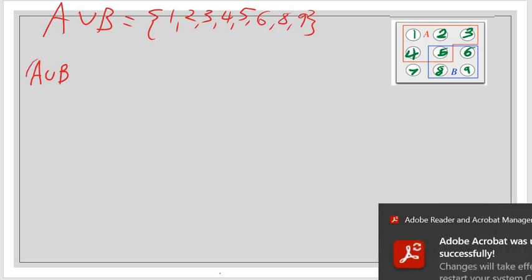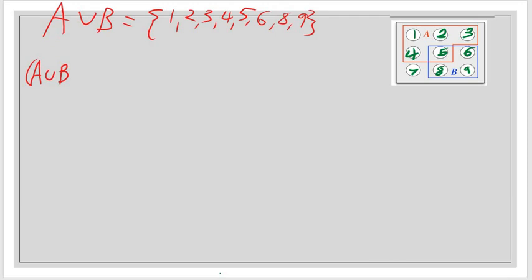So I can, thank you, Adobe, I can write that by putting a little C here, and I've got the parentheses so that you know that the complement applies to the whole thing, A union B. So now I want everything that is in S, which recall was 1 up through 9, that is not in A union B. But A union B, you'll notice, is everything in S except for 7.